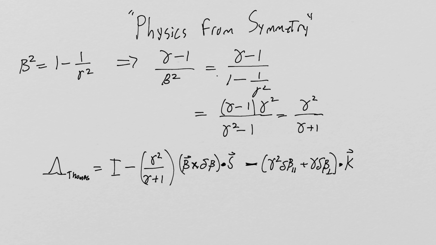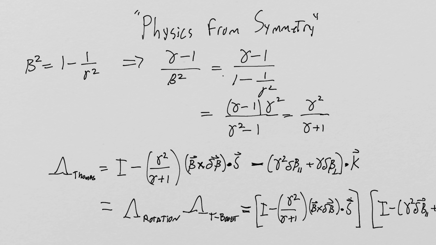And I think I'll leave it there, because this part breaks. This is really where the magic happens, right? And the idea is that if you want to figure out just the rotation part, you realize that this object, even though it's I minus this piece, actually breaks down, because it's infinitesimal, into a pure rotation part and a pure boost part multiplied together.